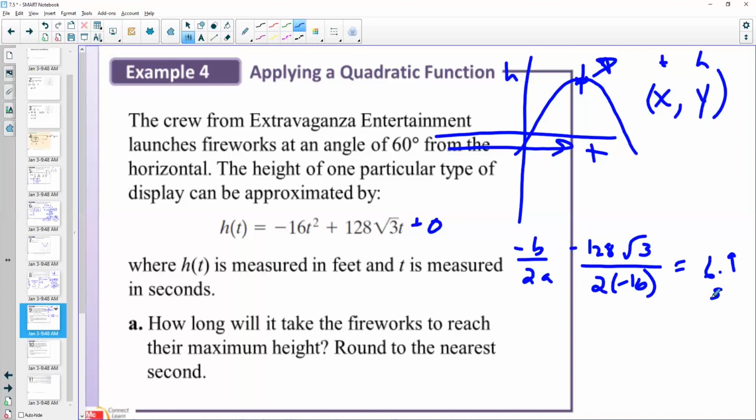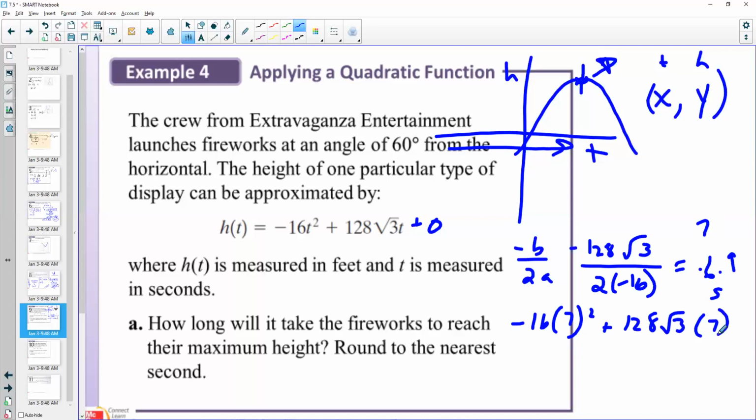So now that I have 6.9, I'm going to put that back. I'm going to round it to the nearest second. Let's call it 7. I'm going to need my calculator, but it's not anywhere near me. Of course, I'm going to put that back into the equation. So I'm going to call that 7, right? And I'm going to go, okay, negative 16 times 7 squared plus 128 square root of 3 times 7.